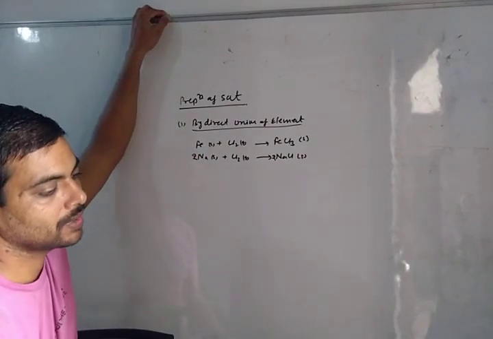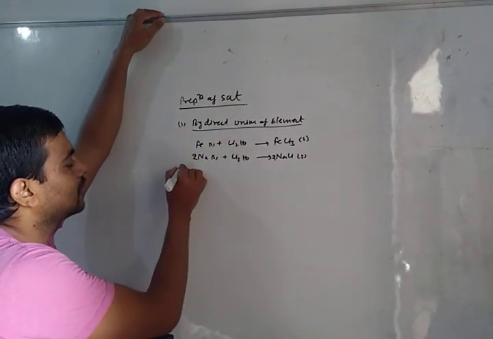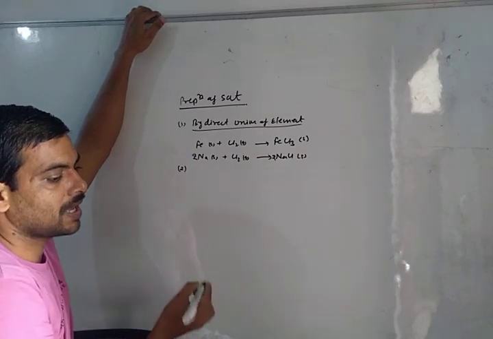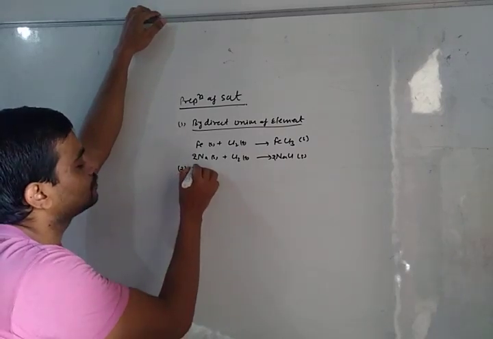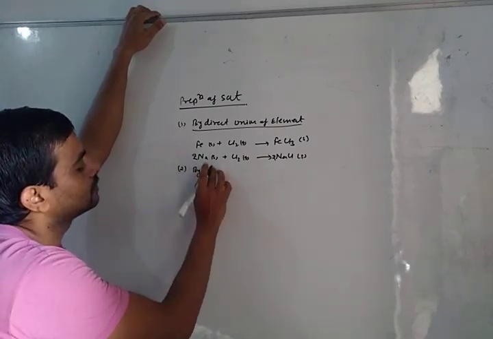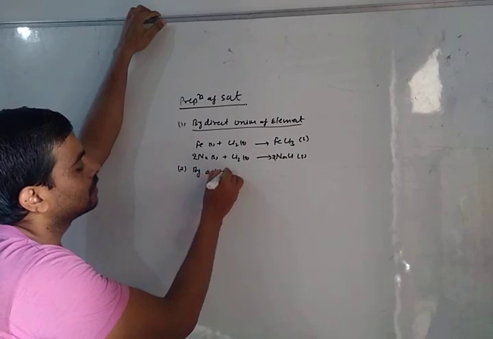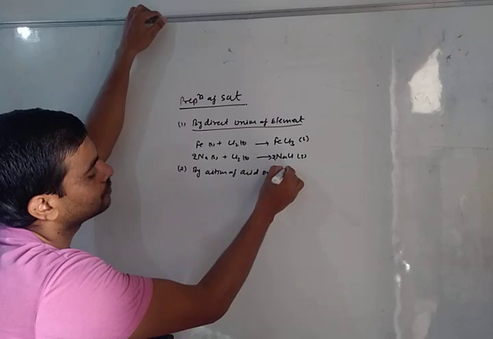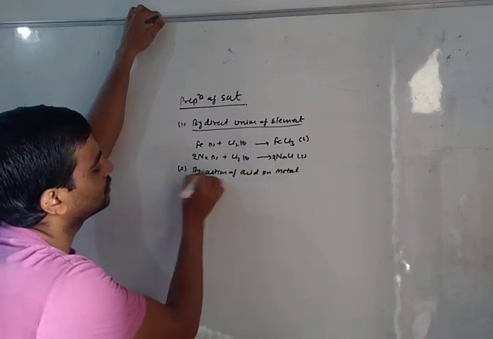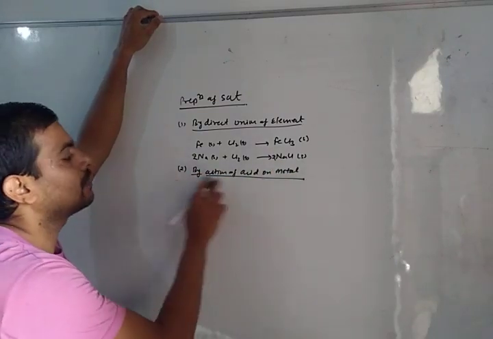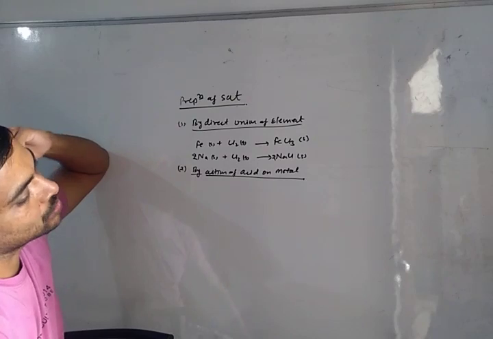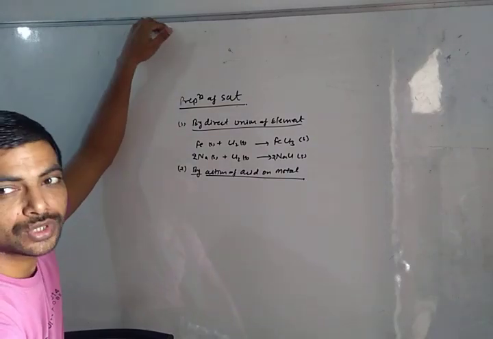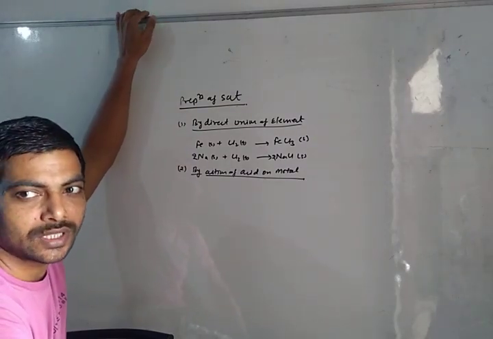This is called direct combination of elements. The second method is by action of acid on metal. Whenever acid reacts with metal, it forms salt and hydrogen gas evolves along with it.